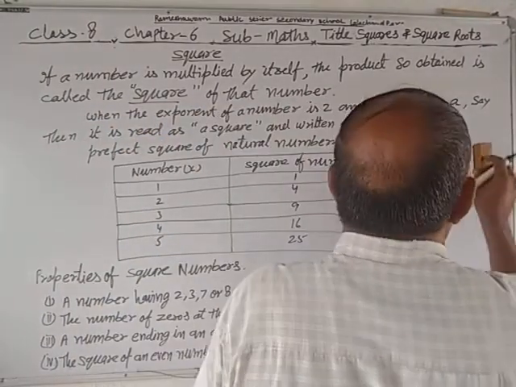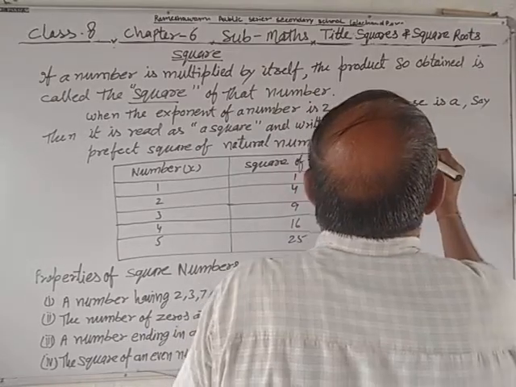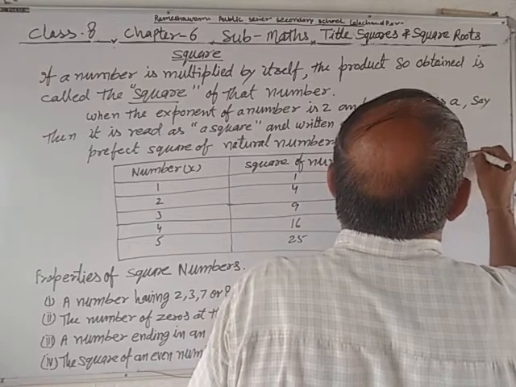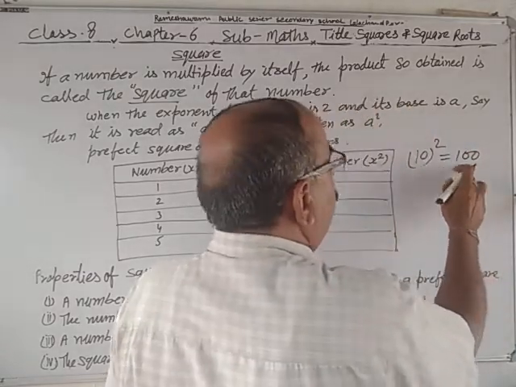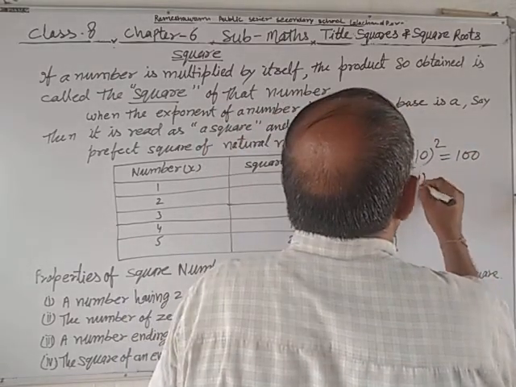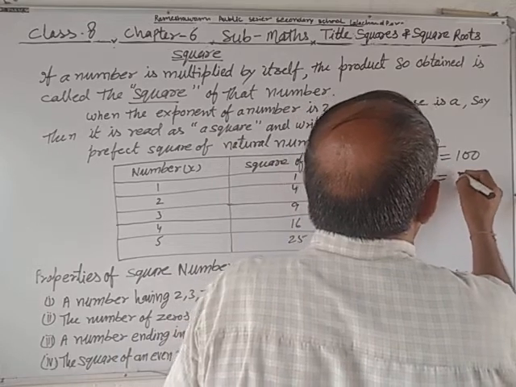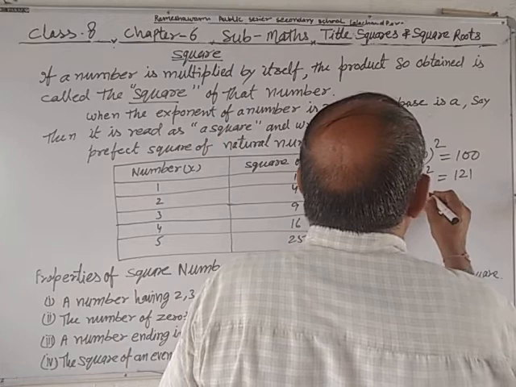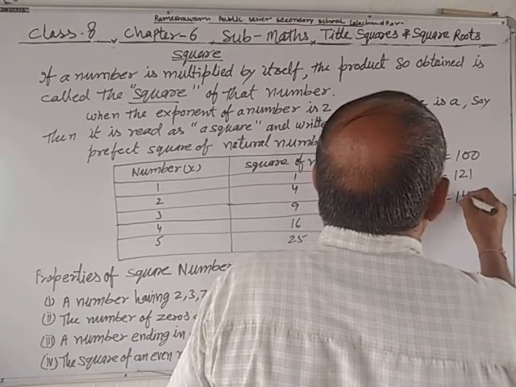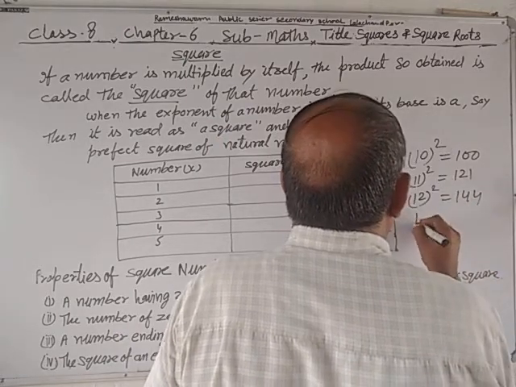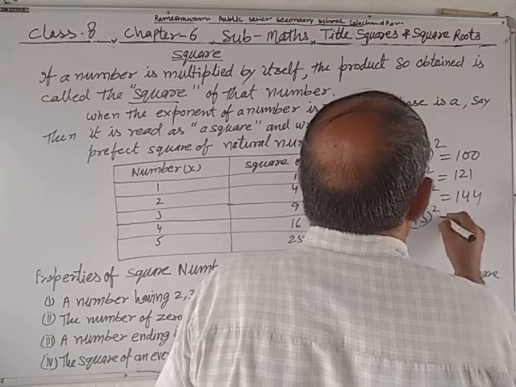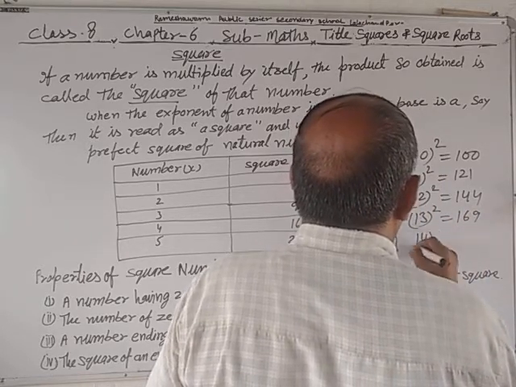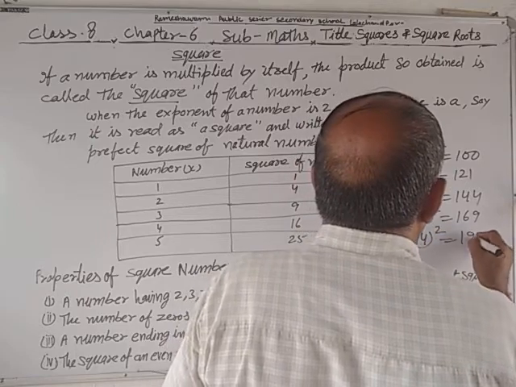For example, the square of 10 equals 100, which is an even number. The square of 11 is 121, the square of 12 equals 144, the square of 13 equals 169, and the square of 14 equals 196.